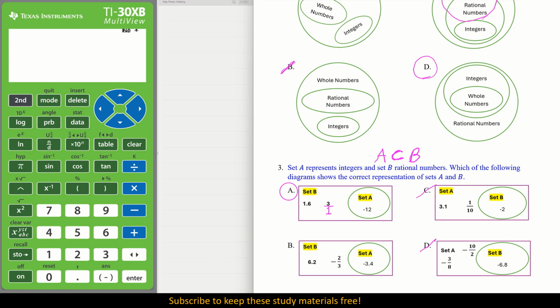They are over 1, which is a rational. So I agree with A. B, I don't agree, because, oh, because of this. This is incorrect. This is not an integer. So B does not fit the definition of integers. Okay, all right, let's move on.